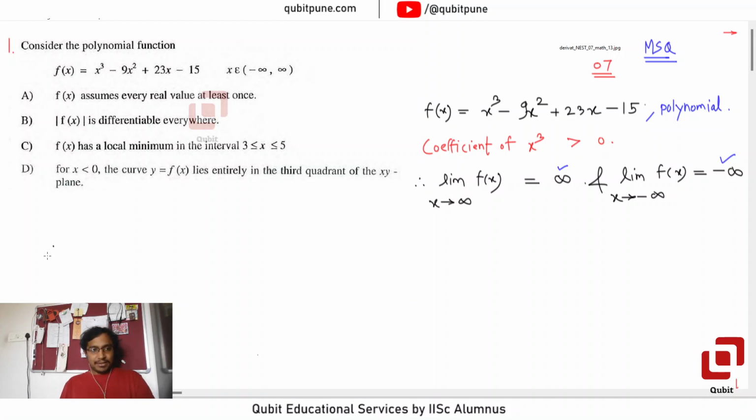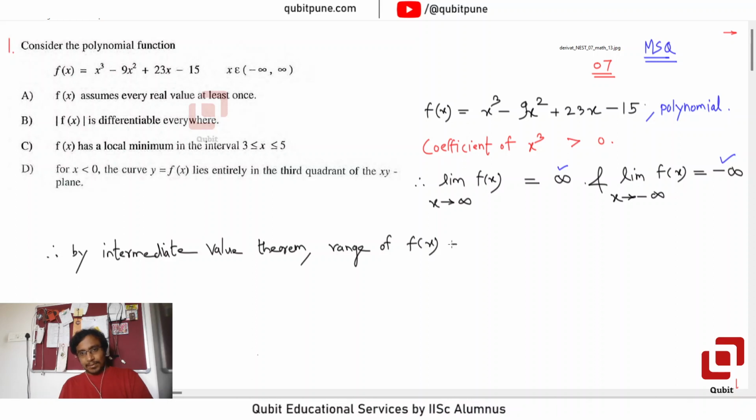So we can say therefore, by the intermediate value theorem, the range of f of x is negative infinity to positive infinity. Raise your hands if you have understood this particular argument. Okay, so option A is right.